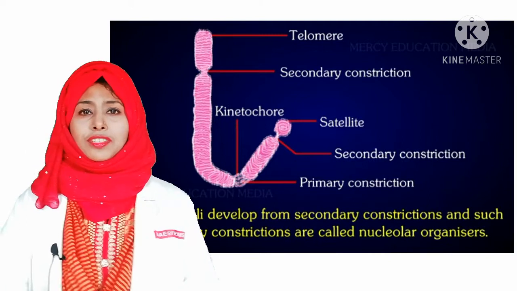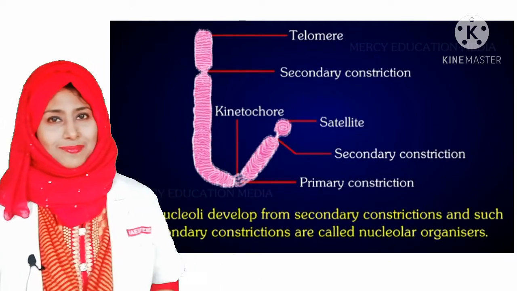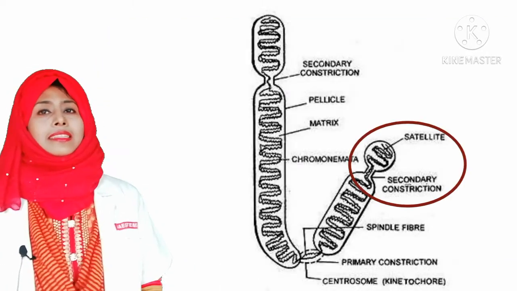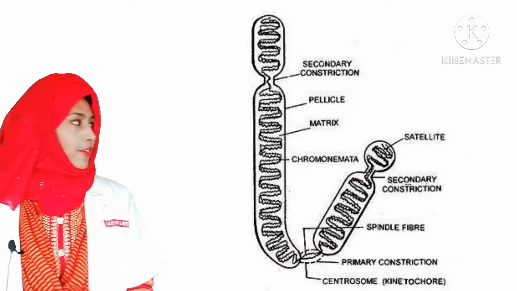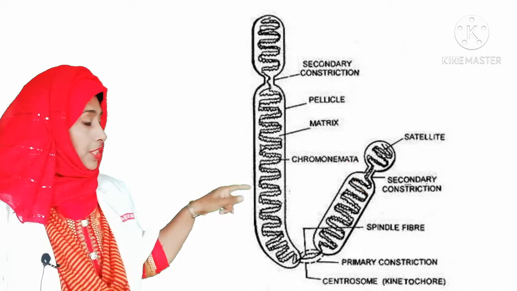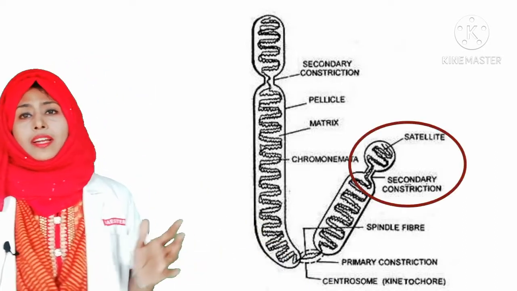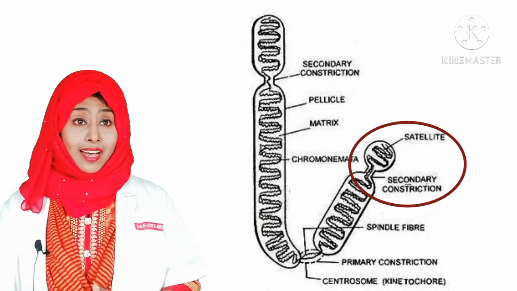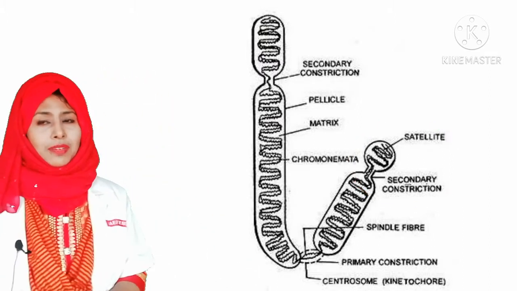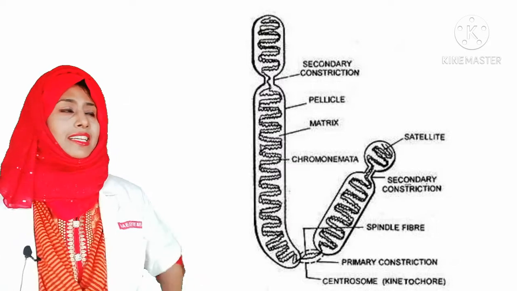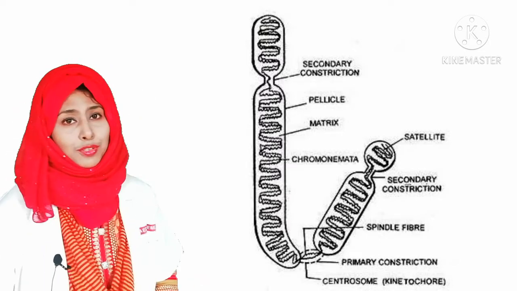Then it is called nucleolar organizer. Then satellite. The part of the arm of the chromosome from secondary constriction to the end, where the nucleolus is attached, is known as satellite. The chromosome that contains the satellite is called SAT chromosome.